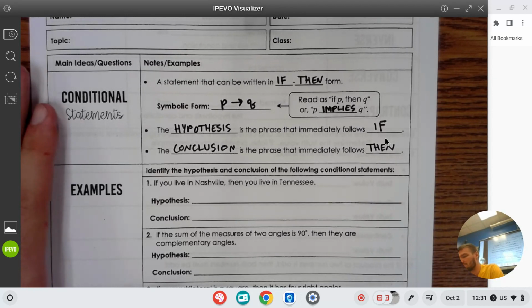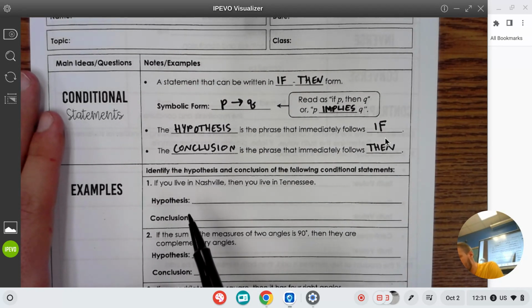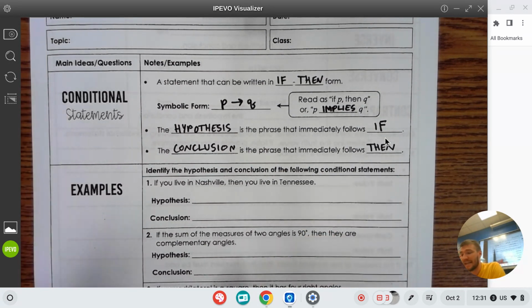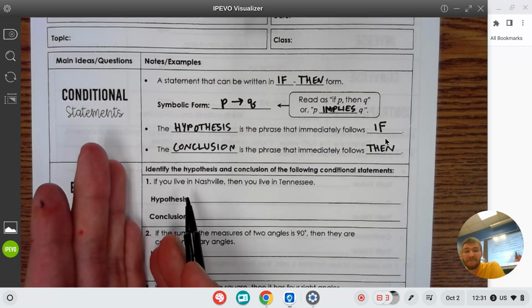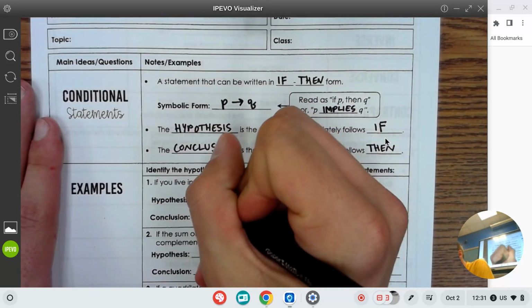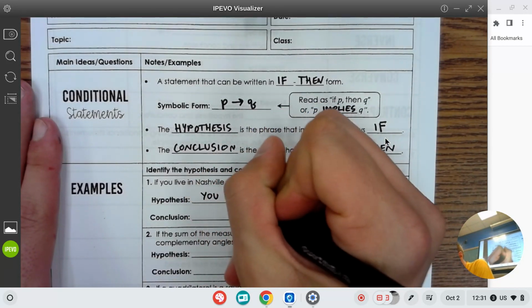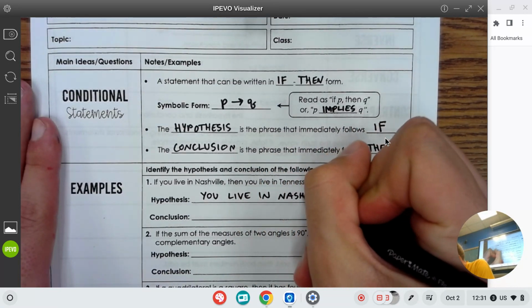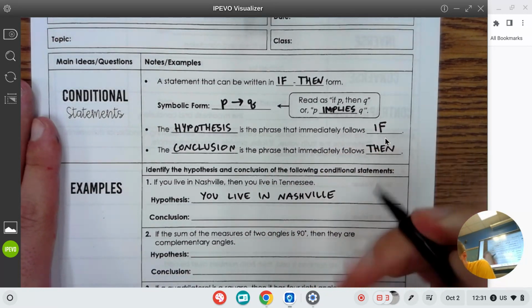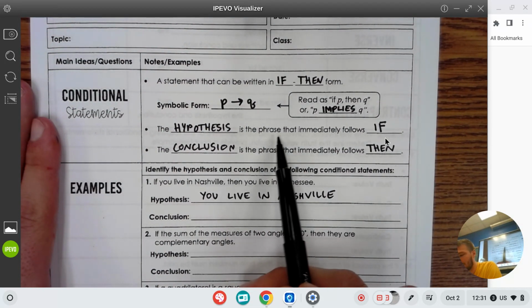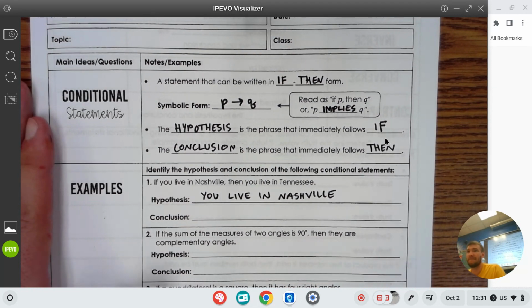Example number 1, it says, if you live in Nashville, then you live in Tennessee, right? Nashville is a city inside Tennessee. We're starting off with the hypothesis of if you live in Nashville. It says right here, the hypothesis is the phrase that immediately follows if, right?